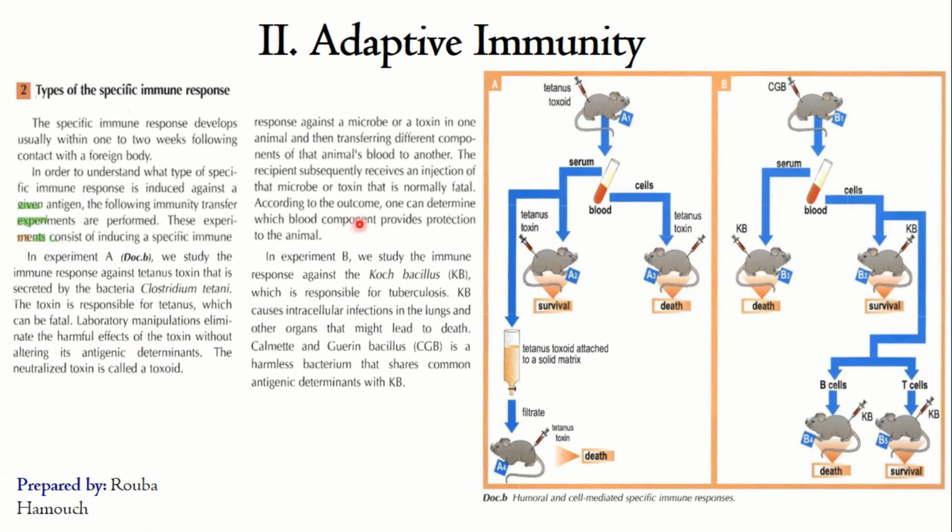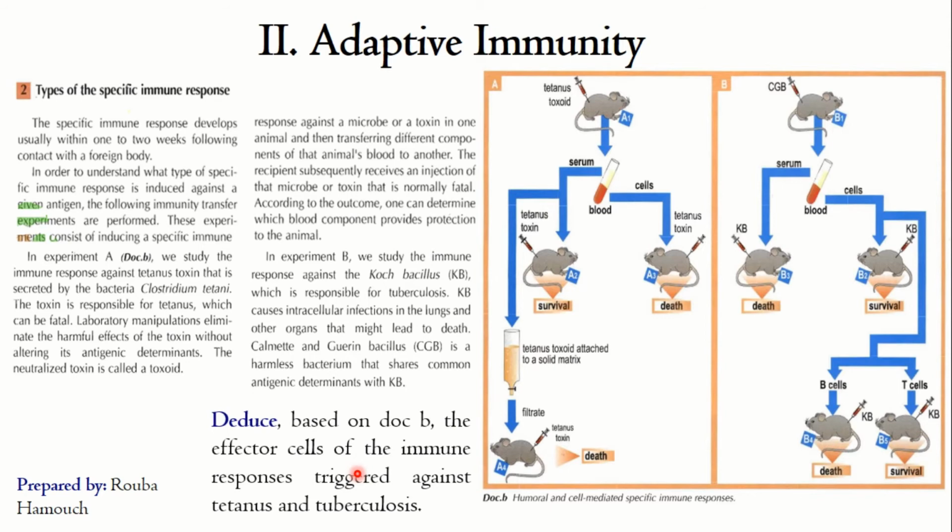So in experiment A, we studied the case of a soluble antigen injected into a mouse A1. The question is, based on document B, deduce the effector cells of the immune response triggered against tetanus.